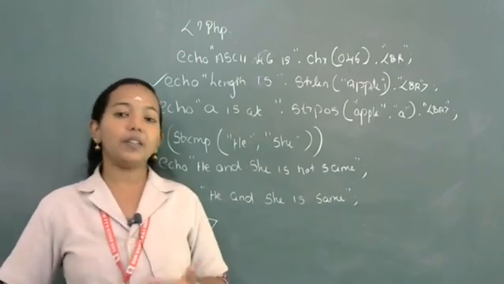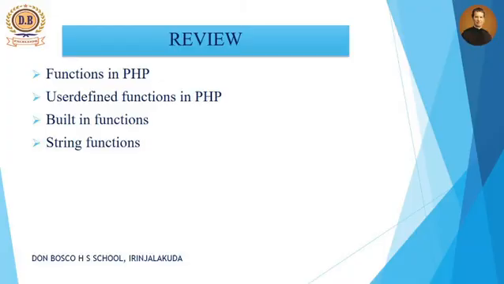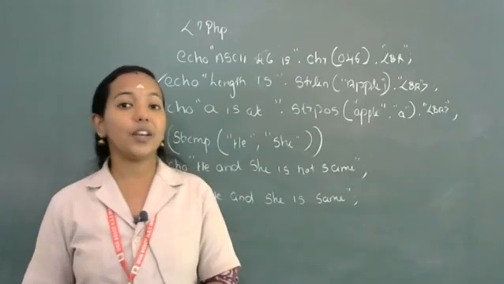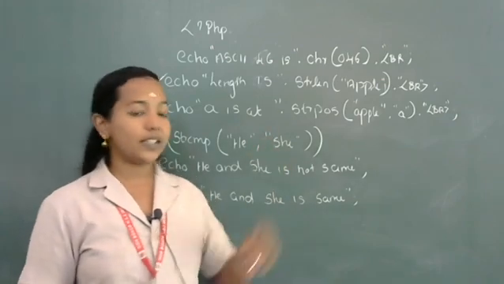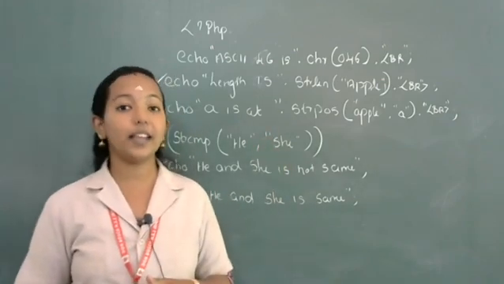So again we will revise the topics that we studied in this video. Functions in PHP. The keyword function is used for creating a function definition, and we studied the syntax of creating user defined functions in PHP. After that, built-in functions, date functions we discussed, and also the string functions in PHP. String functions start with strlen to find the length of a string.